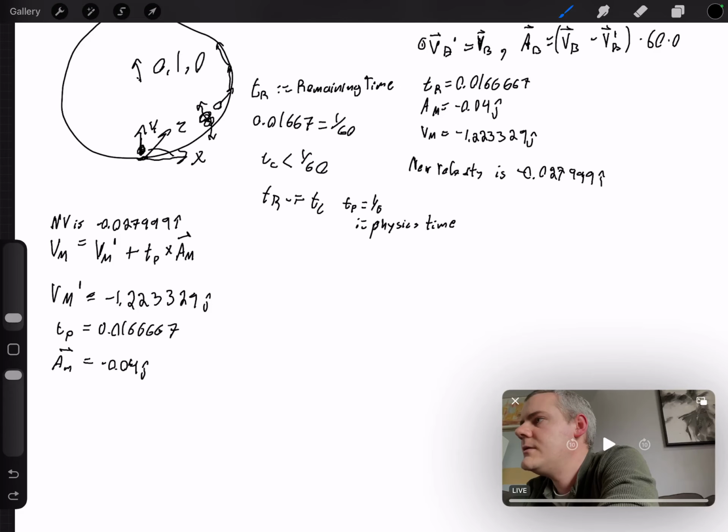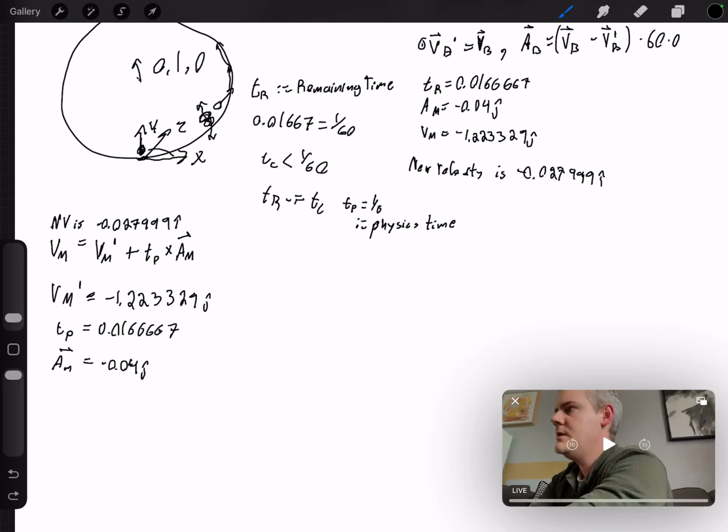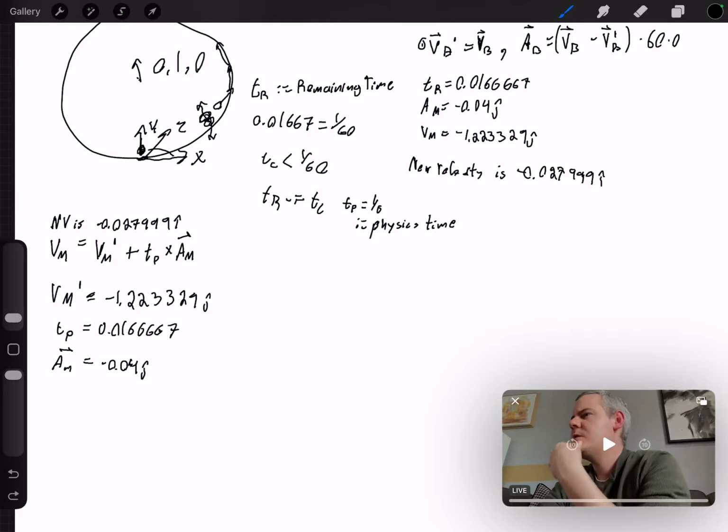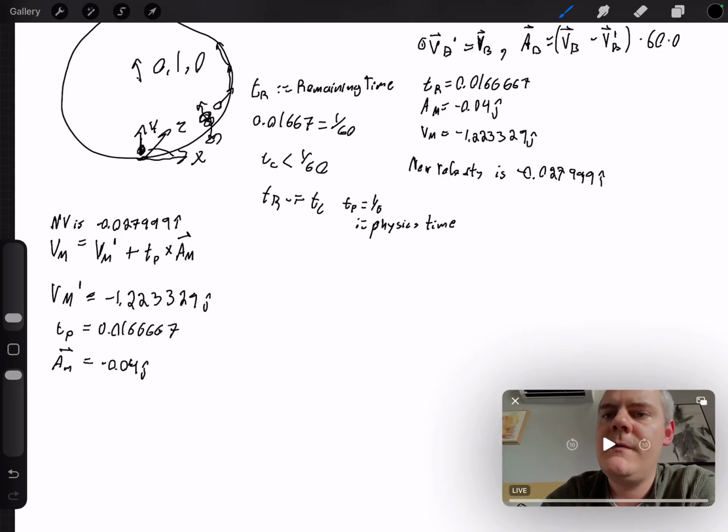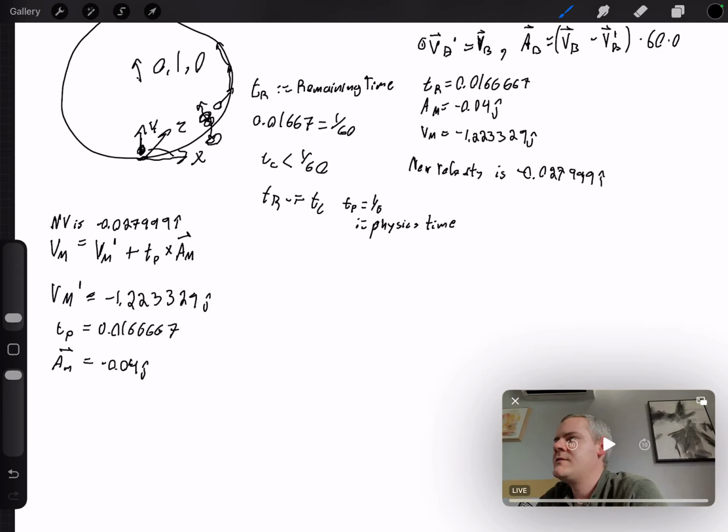And the new velocity here is only supposed to be, how do I say it? Yeah, what is this velocity supposed to be? This velocity is the velocity at the end of the time step. So I've used this velocity to find that the position is outside the sphere.